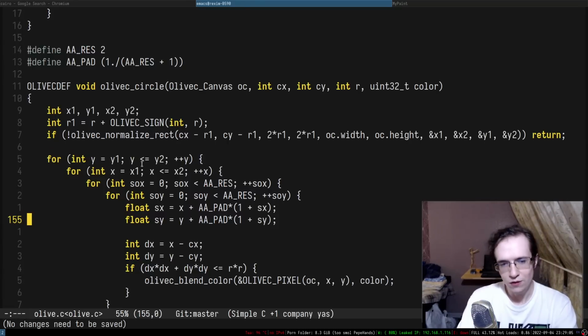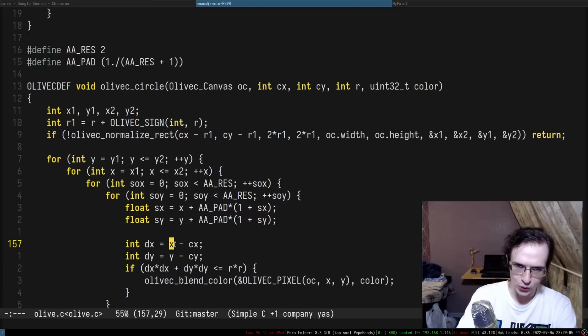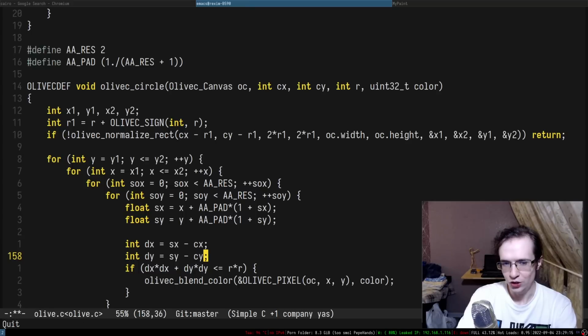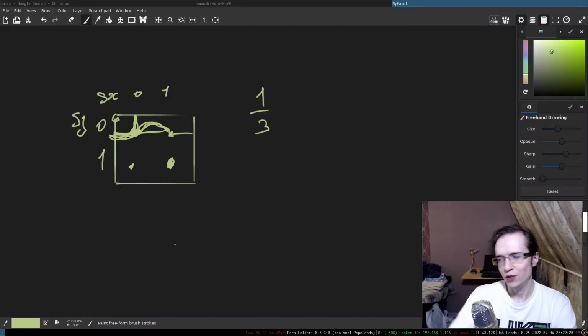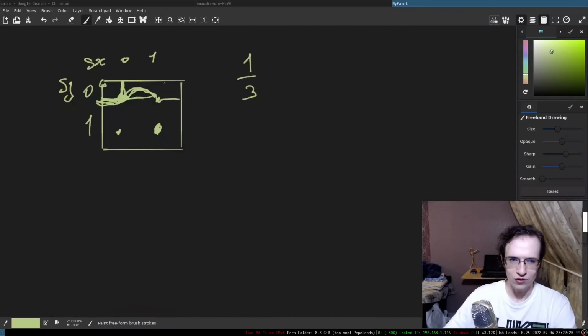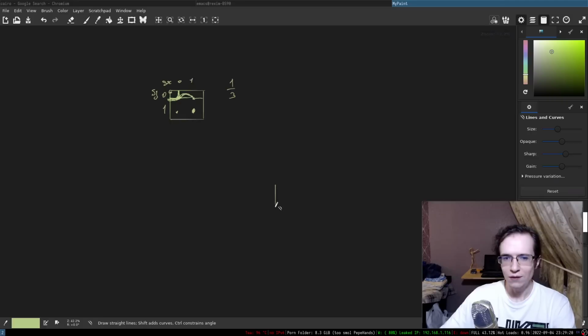So now, instead of using x and y, which is the coordinate of the pixel, we should use the coordinate of the subpixel, right? So we're finding the distance between the center and the subpixel. Interestingly enough, the coordinate of the center is not particularly what you would think it is. You have another pixel in here, and that pixel is the center, and the coordinate is actually this top left corner.